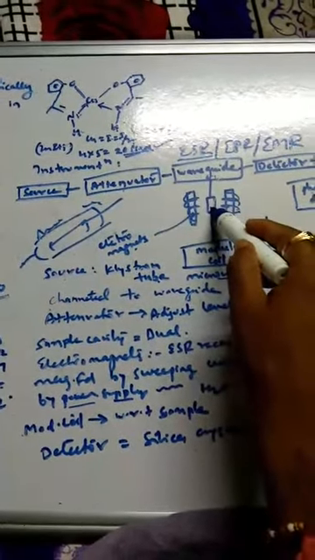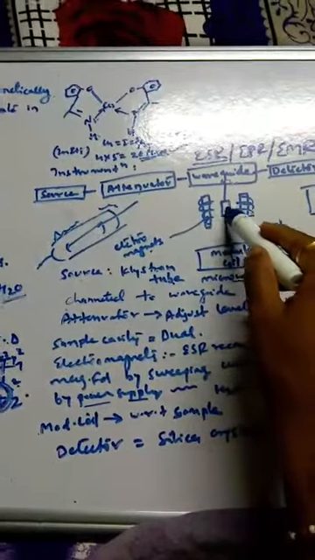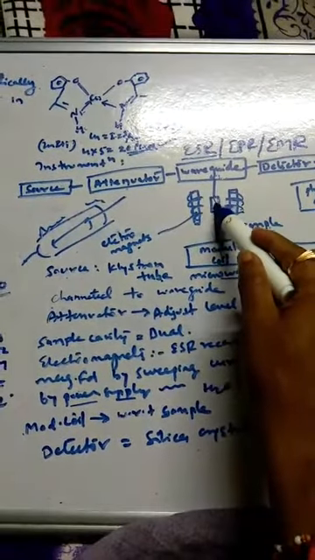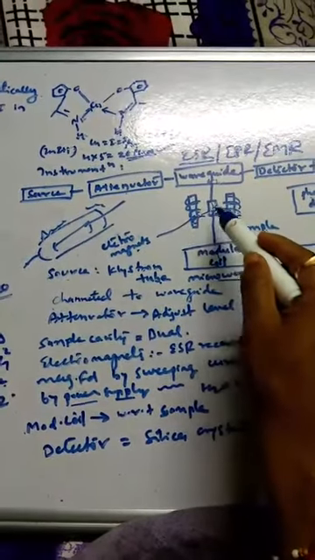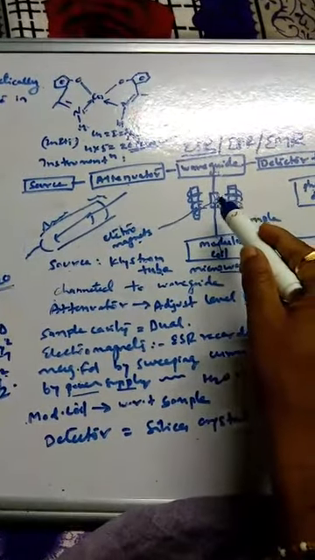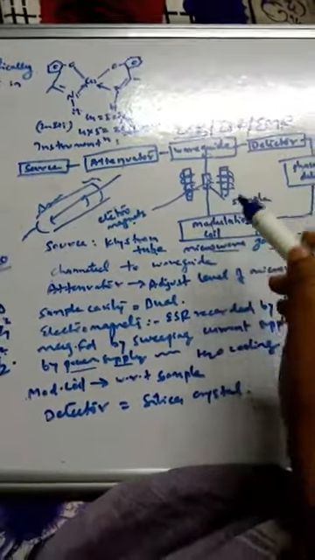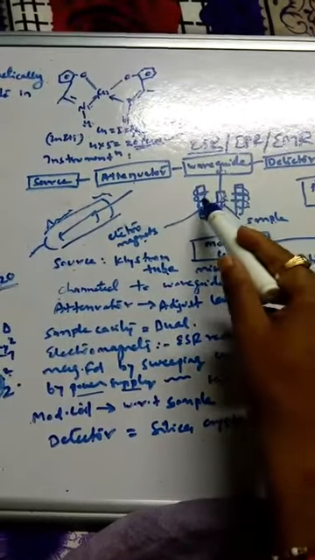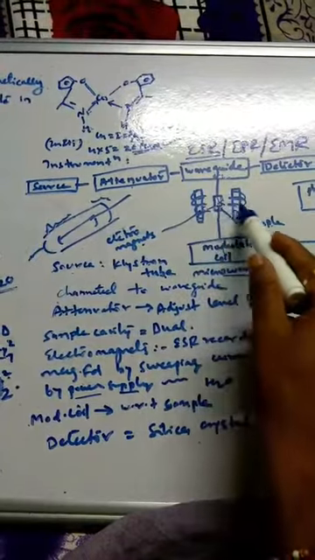From here it falls on the sample, and the sample cavity is of dual nature. Dual nature means one is for the standard and one for the unknown sample. The standard sample is DPPH. The sample sits in between the electromagnets.